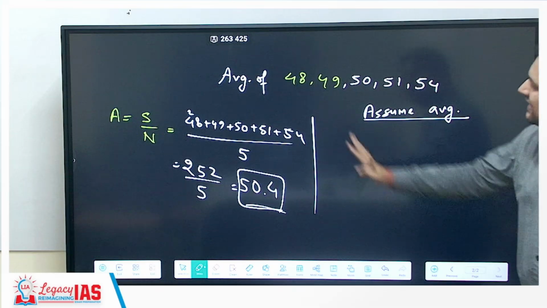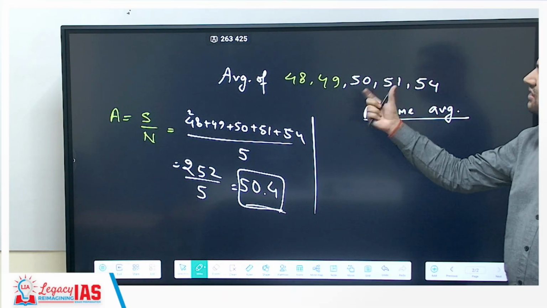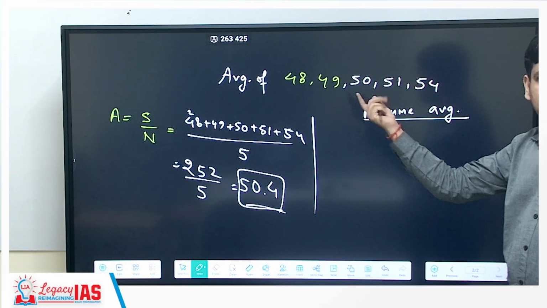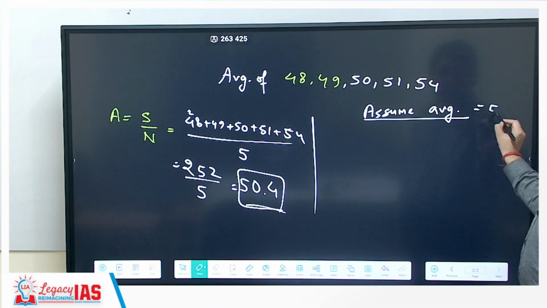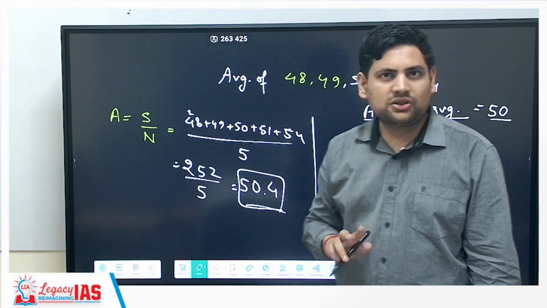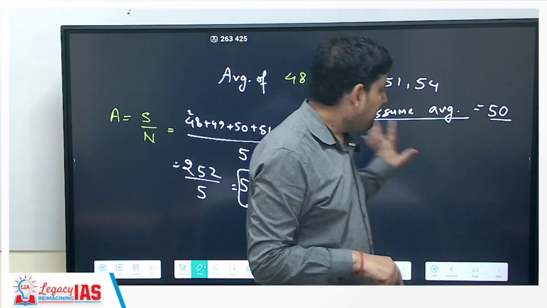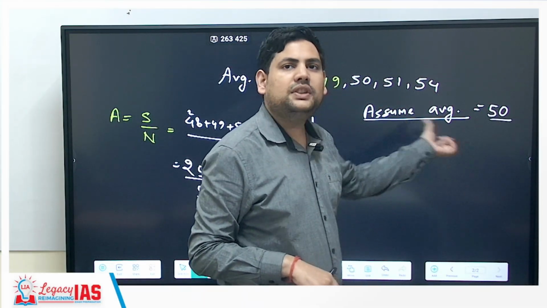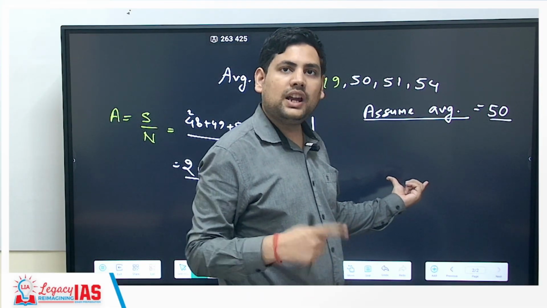For example, I feel that somewhere right in the middle is 50, so I think the average should be 50. This is my initial assumption. Now I will write all others in terms of 50 and then find out the actual average.